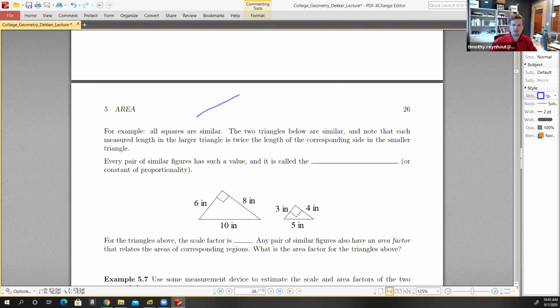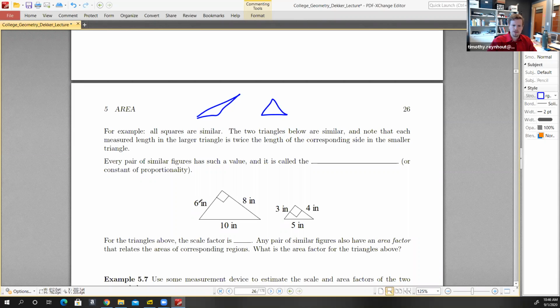So I could have one that looks more like this and another one that looks like this. And no matter how much blowing up or shrinking that I do to this guy, I'm never going to have it be that guy. So all squares are similar. And for example, these two triangles down here are also similar.